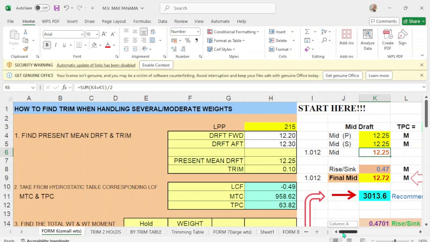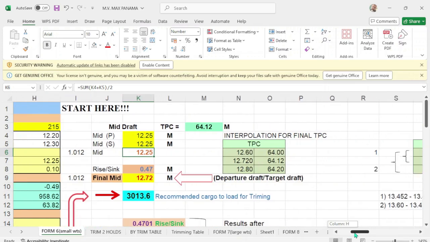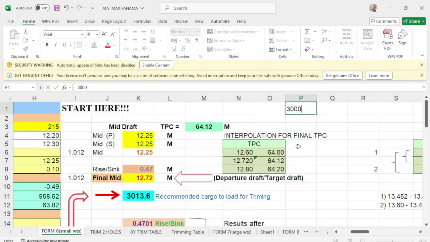So you put here 3,000, and here the TPC is 63.82.